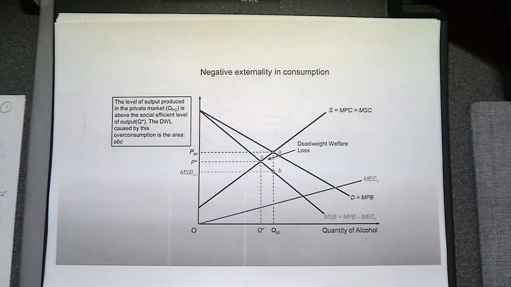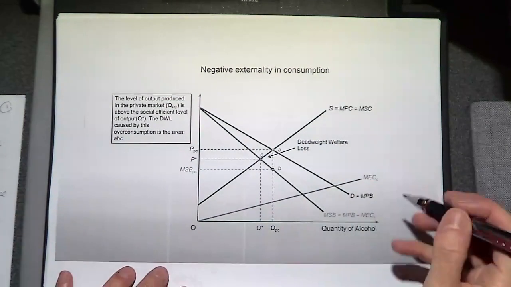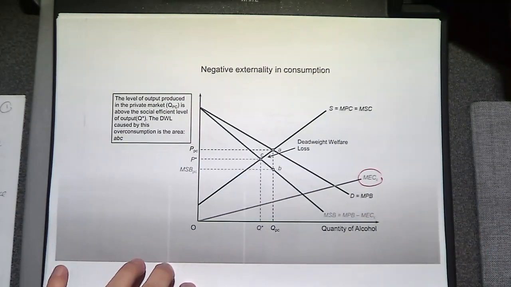Alcohol could be, if you think about long-term effects on your health and then affecting, for example, the NHS. Well, you could argue so many things in externalities. So in here, because it's a negative externality in consumption, what you have is a marginal external cost, okay?